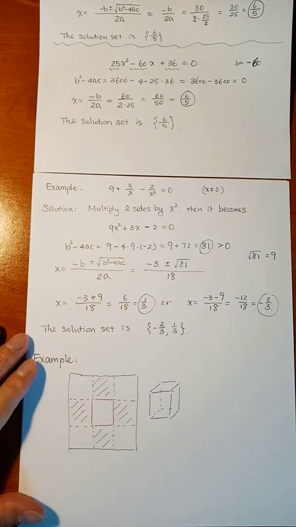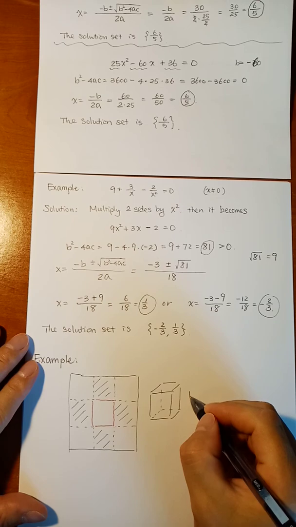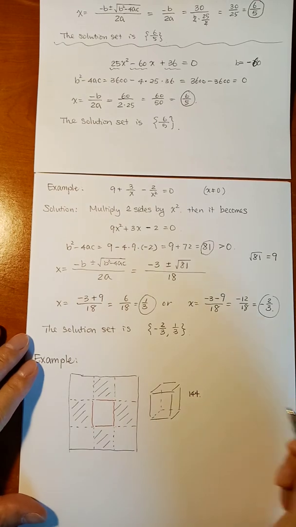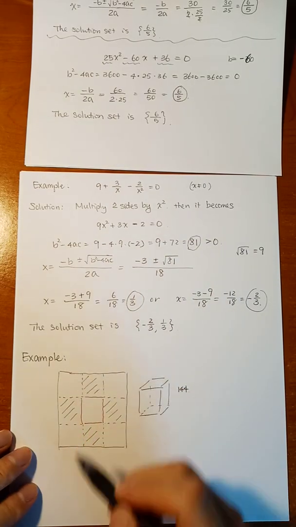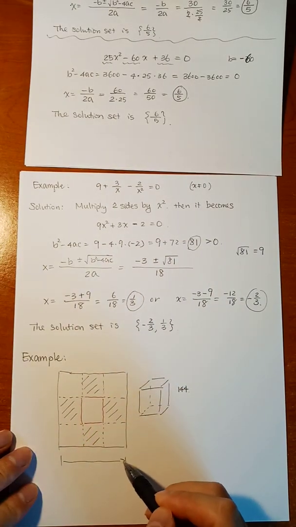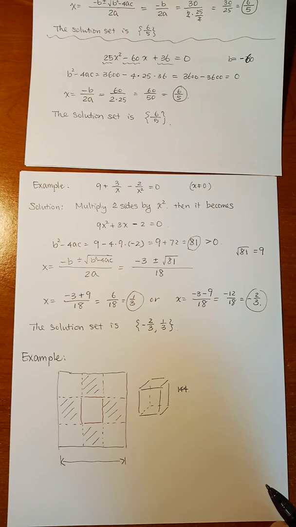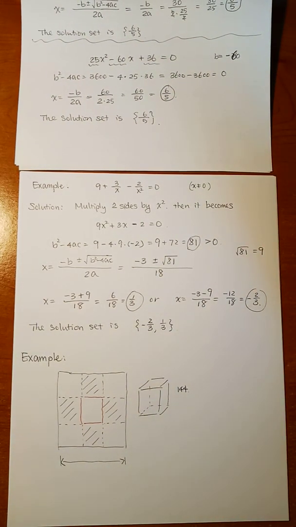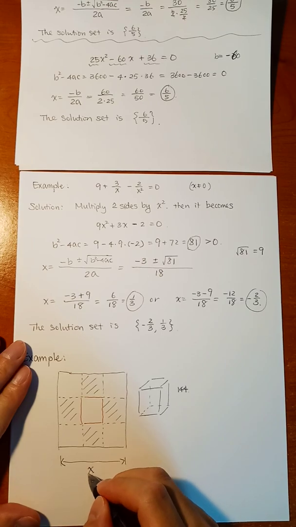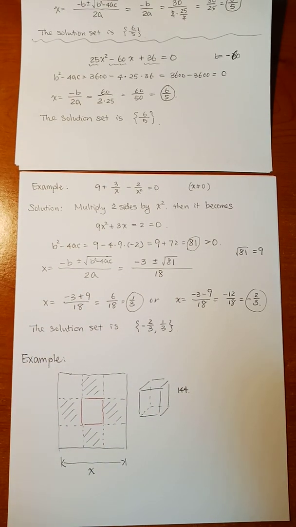This box should have the volume 144 cubic centimeters. They want to know what is the dimension of the original sheet. Okay. So because we don't know the dimension of the original sheet, this is x.